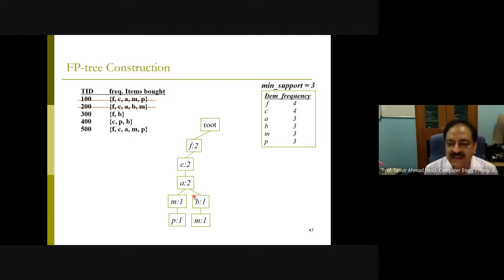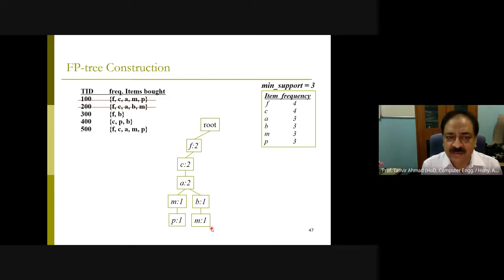And you find that I also updated the count of FCA. Why? Because now F has come 2 times, C has come 2 times, and A has come 2 times, whereas B and M have come 1 time. Therefore, the count of B is 1 and the count of M is 1. Now you see one more thing.